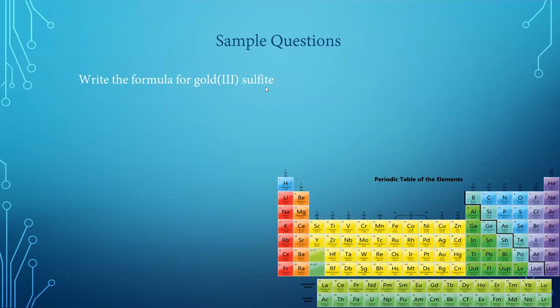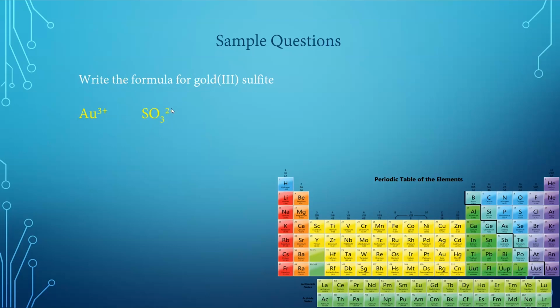Gold(III) sulfite. Gold is element number 79, so that's Au. And the Roman numeral 3, of course, immediately tells us that it has a charge of +3. The polyatomic ions, of course, you're going to learn, and sulfite is SO3 2-.